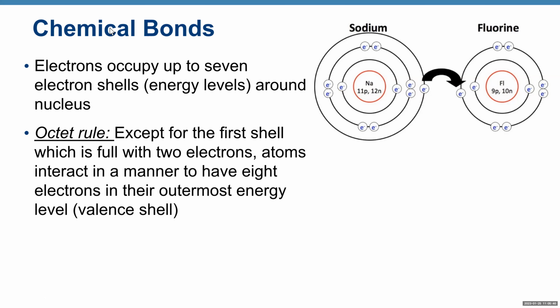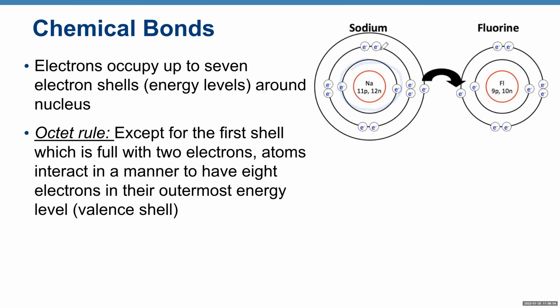So what is a chemical bond? Electrons occupy up to 7 electron shells called energy levels around the nucleus. Right, so here's our sodium and fluorine. Now sodium, so here's its nucleus and electrons on the different energy levels. The first level has 2 electrons, right?